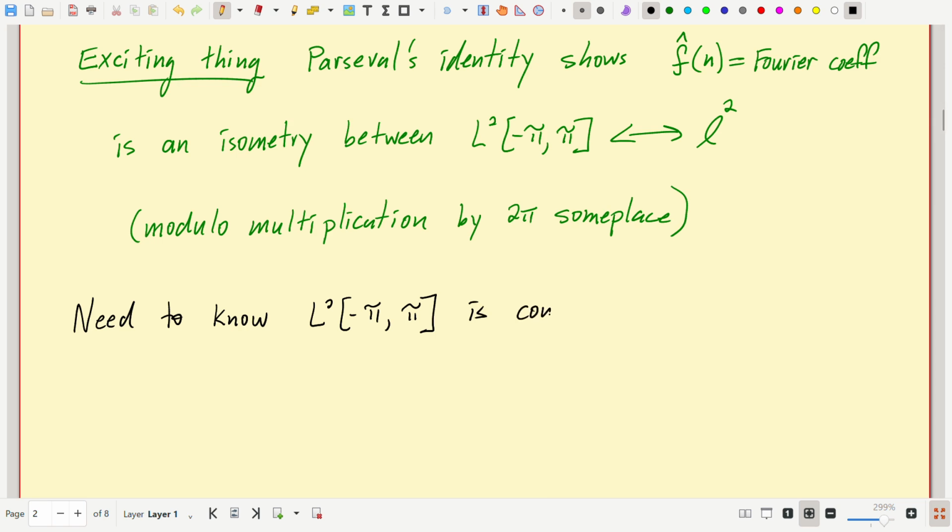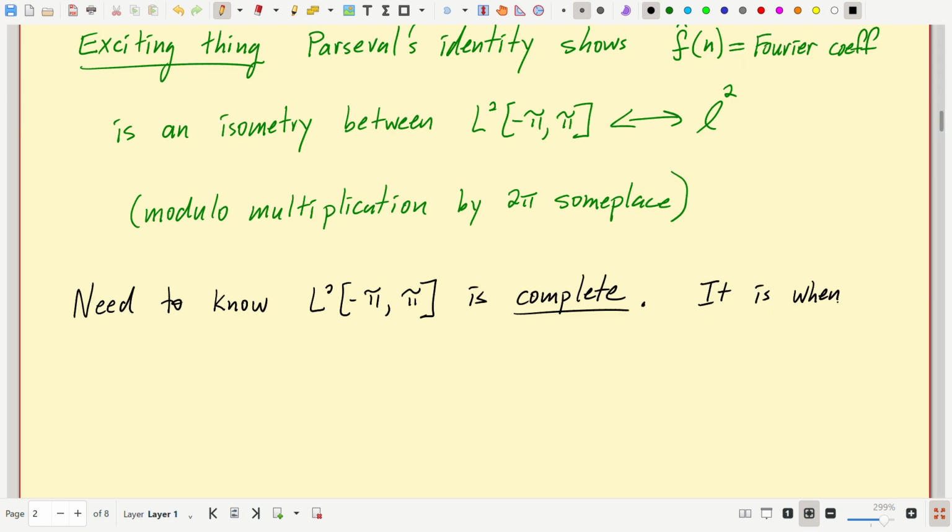Meaning if I had a Cauchy sequence in that norm, it would converge in L2 norm to a function in L2. It is when you use Lebesgue measurable functions that are L2 integrable, that are Lebesgue integrable.